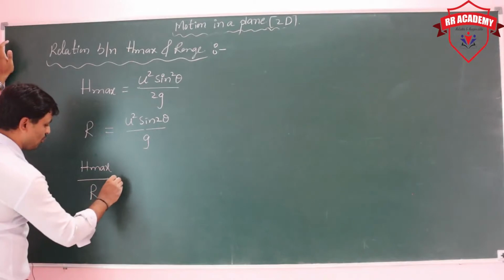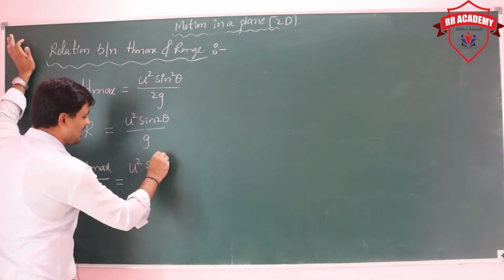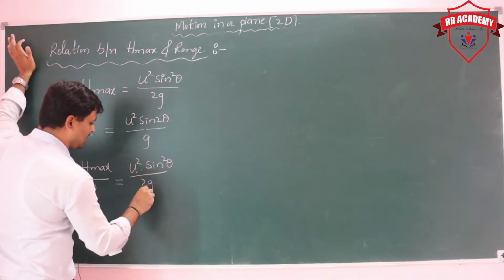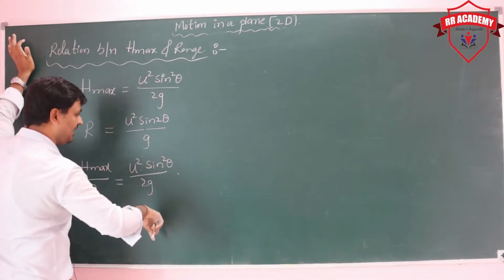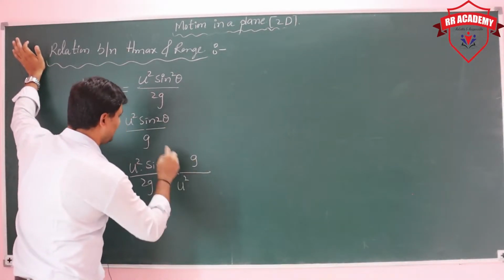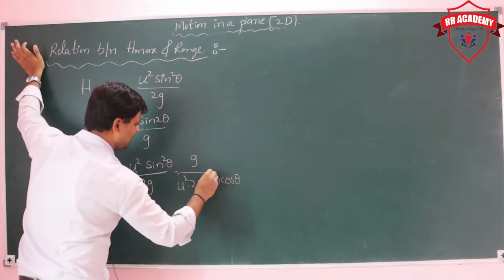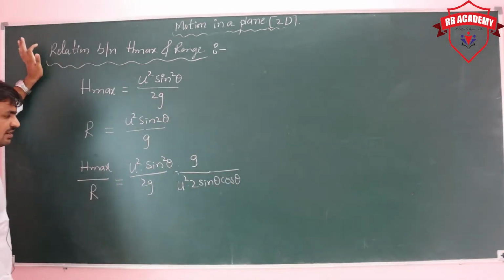H max upon R is equal to u square sin square theta by 2g divided by u square sin 2 theta by g. Sin 2 theta means 2 sin theta cos theta.